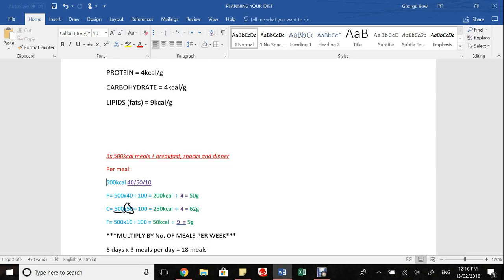So 200 kilocalories divided by 4 will give me 50 grams of protein per meal. Okay, so we'll do it for carbs as well. I've got my 500 calorie meal times my ratio, so 50%, divided by 100 equals 250 calories of that meal is going to be carbohydrates.